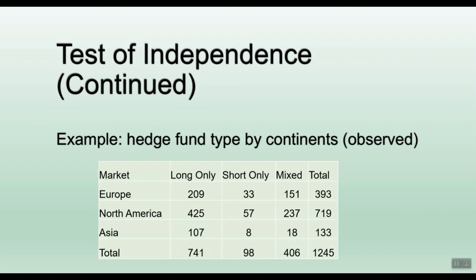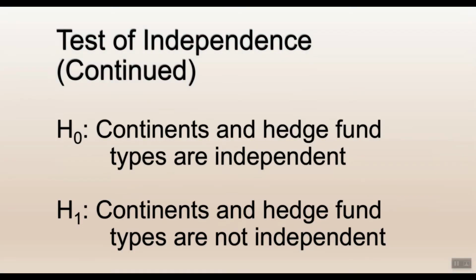And all these hedge funds may be located in the continents Europe, North America, and Asia. My hypothesis will look like this. Continents and hedge fund types are independent. The alternative hypothesis is that continents and hedge fund types are not independent.